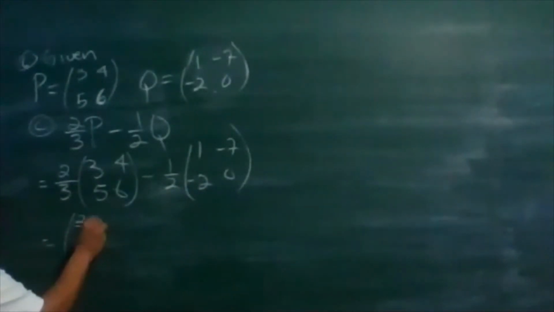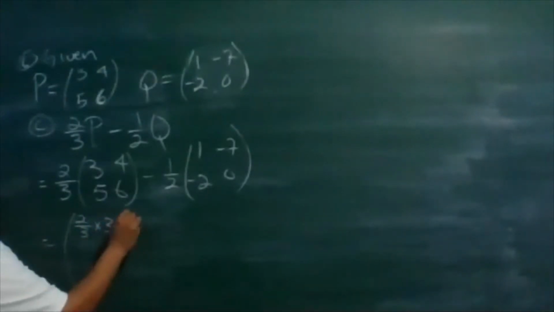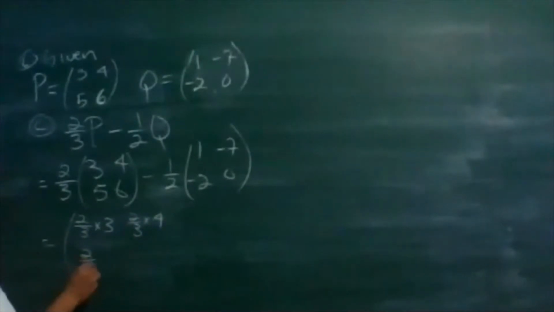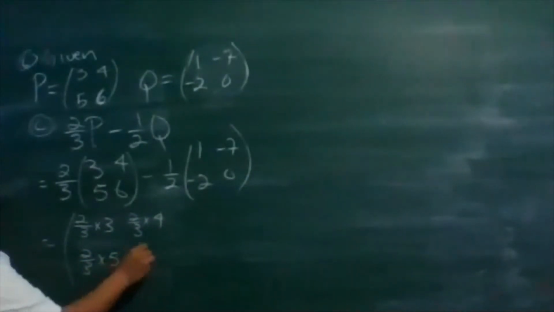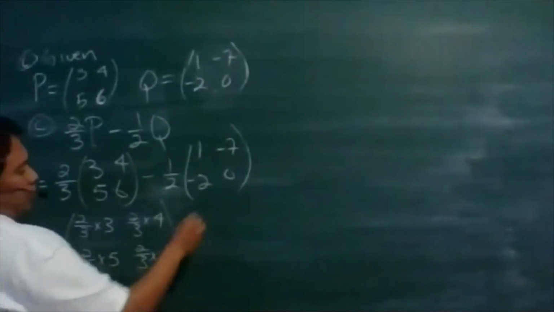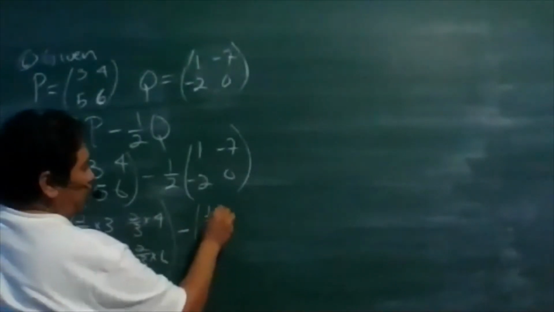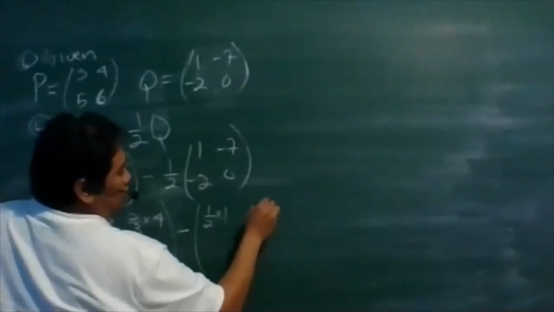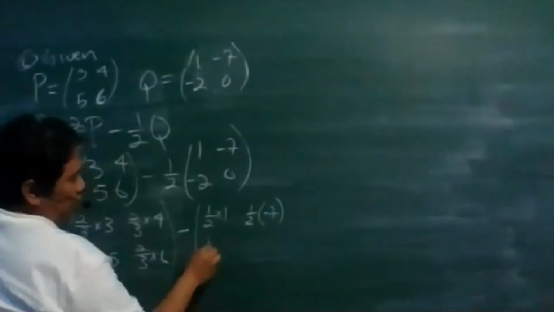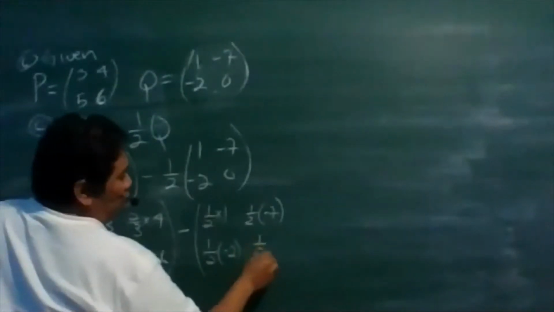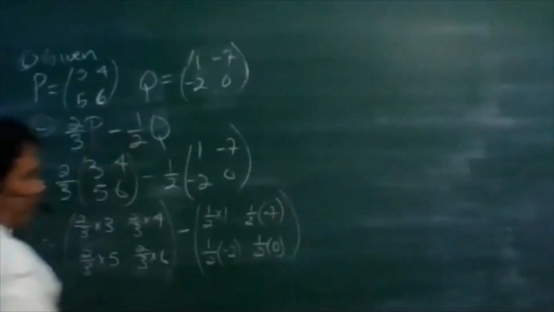So this will give us 2/3 times 3, 2/3 times 4, 2/3 times 5, 2/3 times 6, minus a half times 1, a half times negative 7, a half times negative 2, and a half times 0.